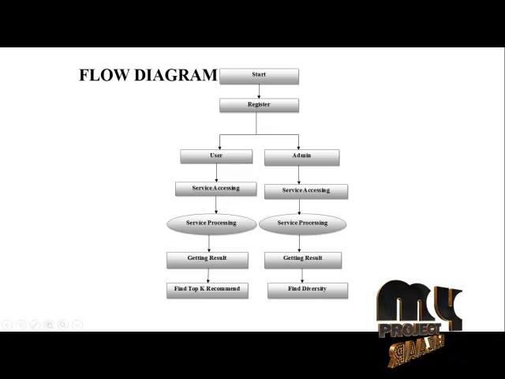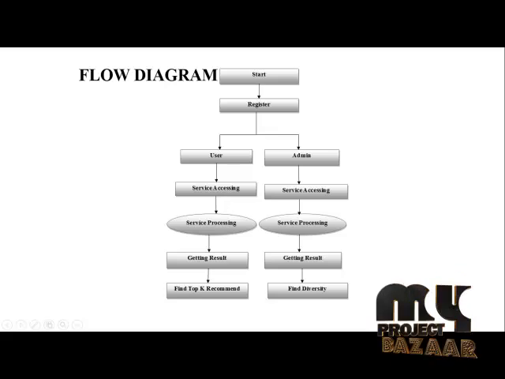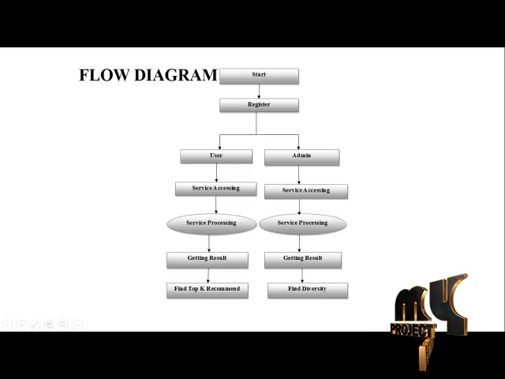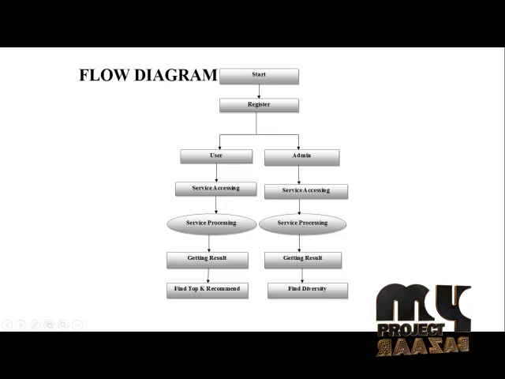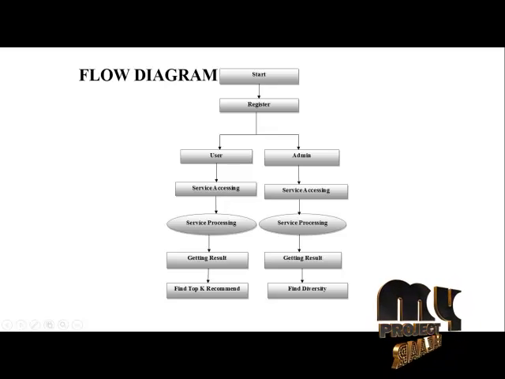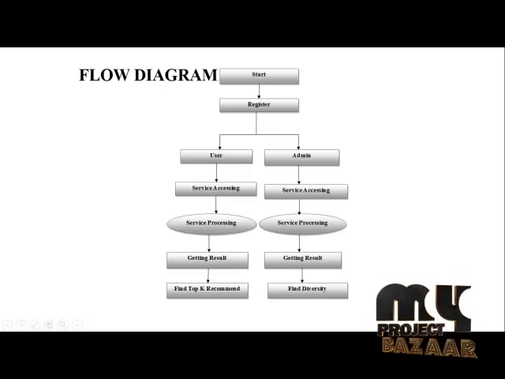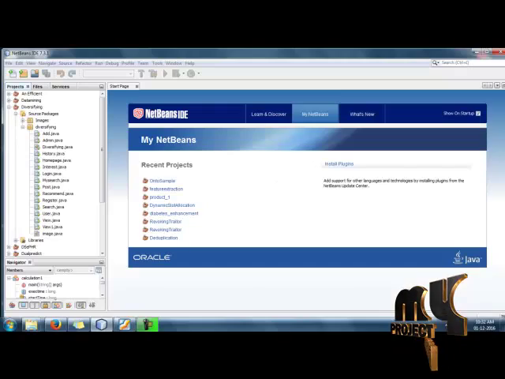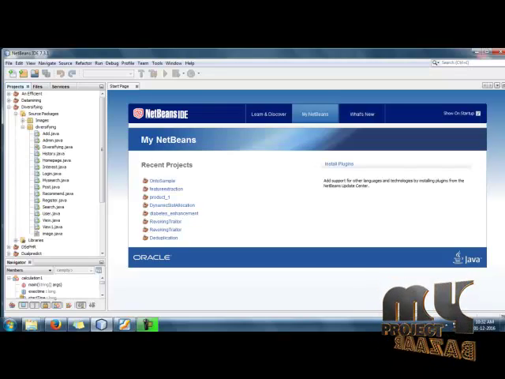After that, we view all the users and all the recommendations, and also we apply the diversity algorithm to get the top key diversity recommended products. Then close the program, and now we will see the demo of our project.